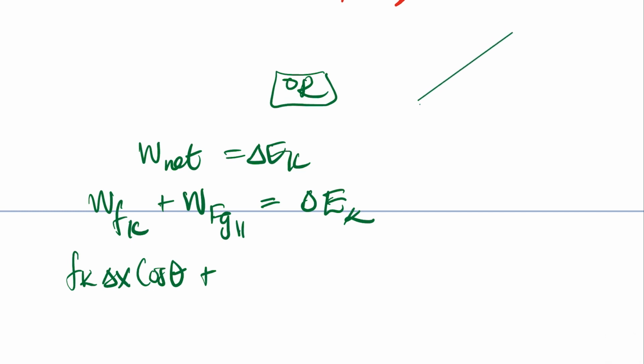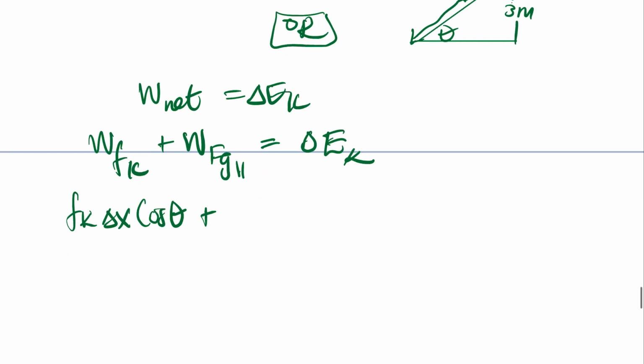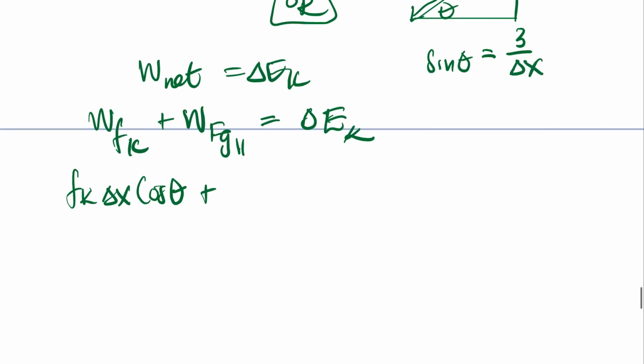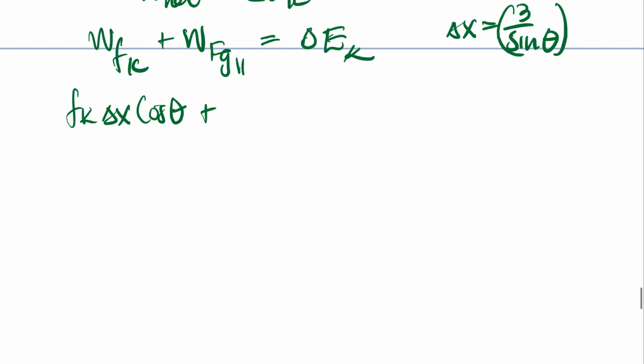We are only given h, which is 3 meters, and the displacement is unknown. So sine theta is equal to 3 over displacement. So our displacement is going to be 3 divided by sine theta. That's our displacement. Let's see how it's going to take us with that displacement.